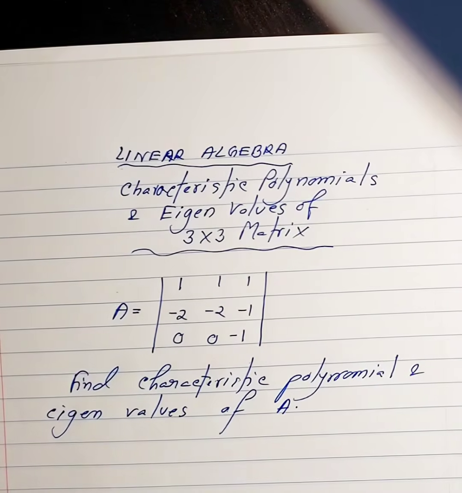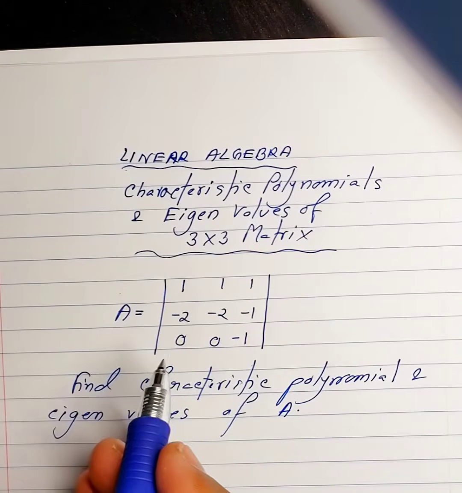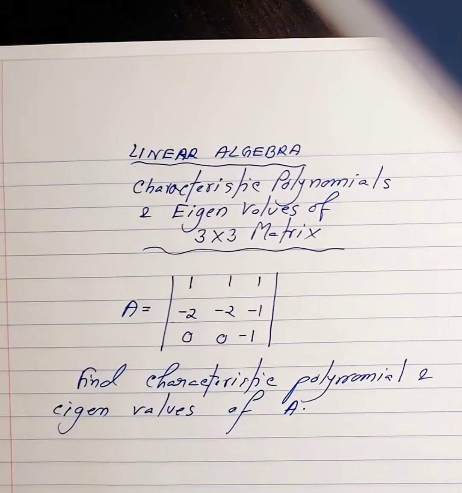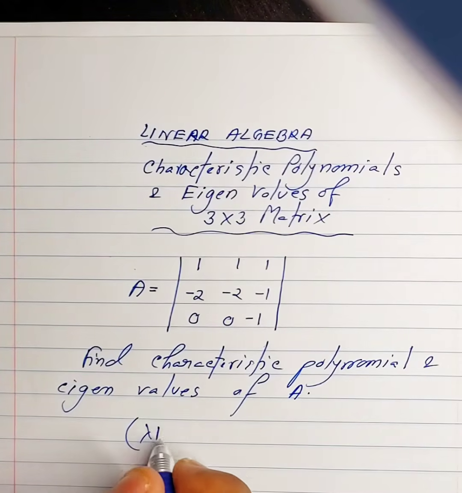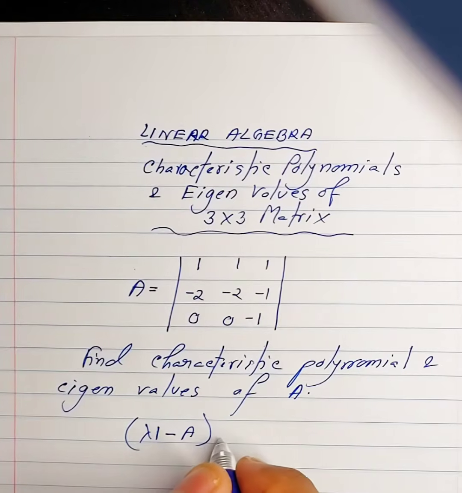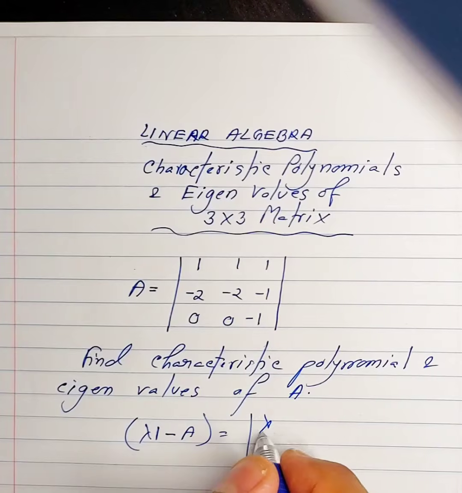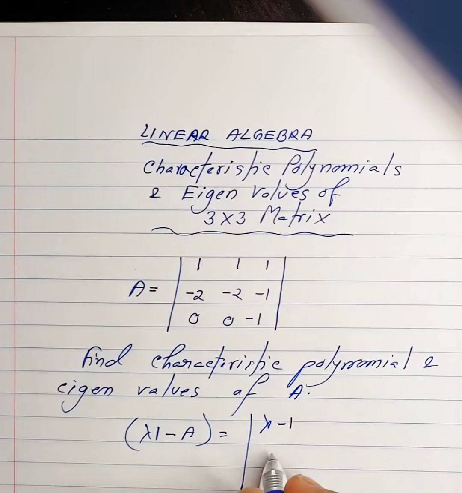Now, as I said, to find the eigenvalues, you need to find the characteristic polynomial, and there are multiple ways you can do that. The way I do it is this. You know that the characteristic polynomial is lambda times the identity matrix minus A, which means you take lambda minus 1 from each of the diagonal entries.